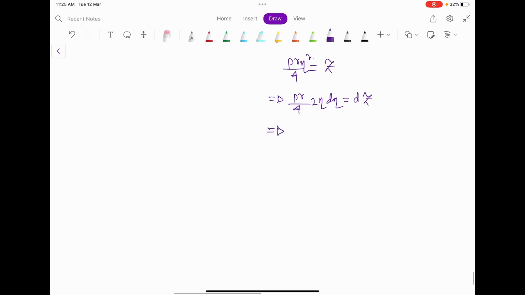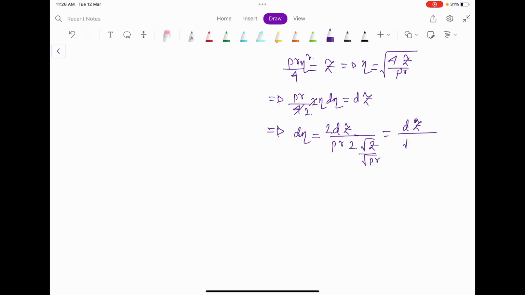That means d eta is 2 dz by Pr by eta, and eta is 4z by Pr and its root, so that becomes dz by root Pr and root z.